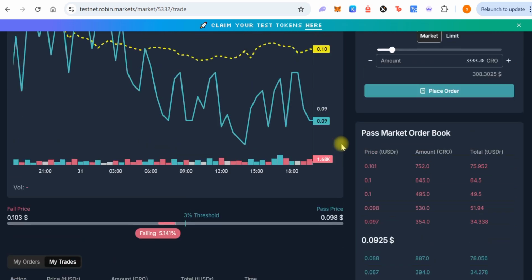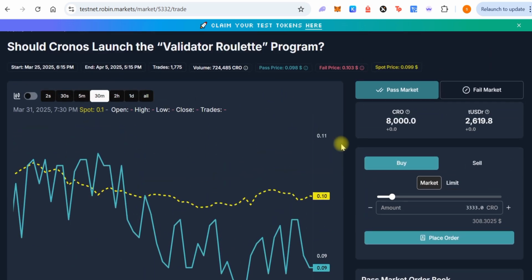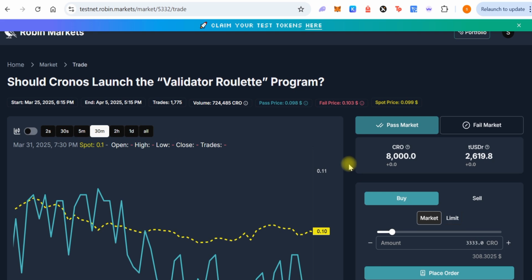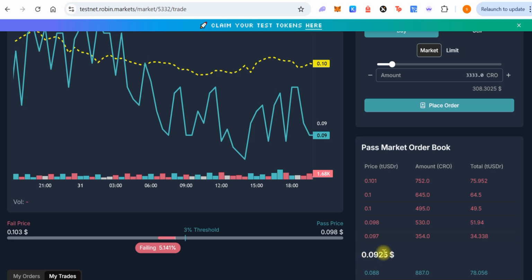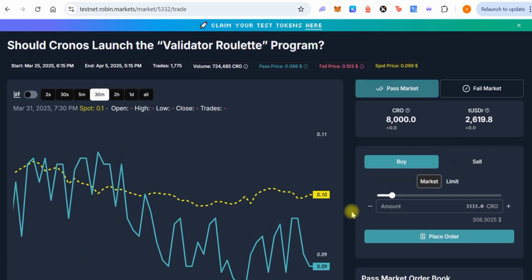So what this means is I have predicted that I want this proposal to pass, and because I have placed my order in it, if it passes, I'm going to make some money because I bought it at a cheaper price. Also, you can still decide to sell tokens within the market if it has not ended.